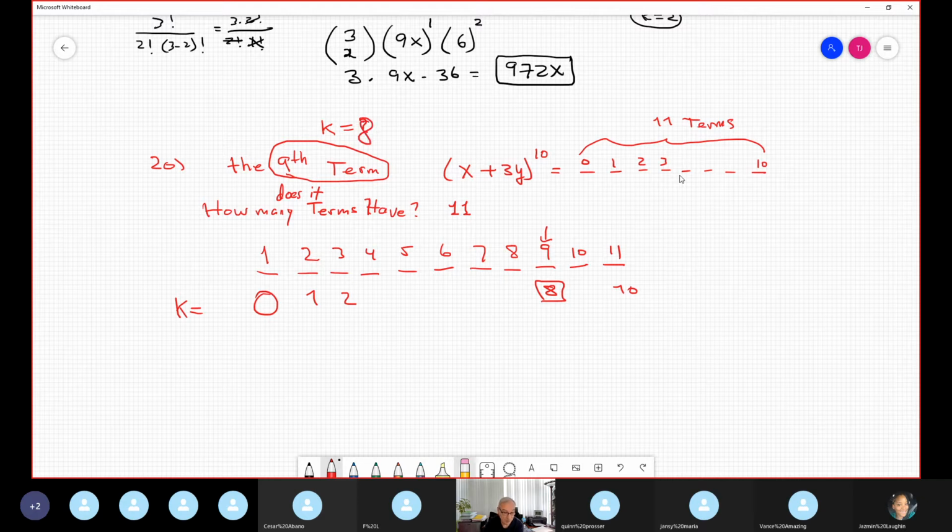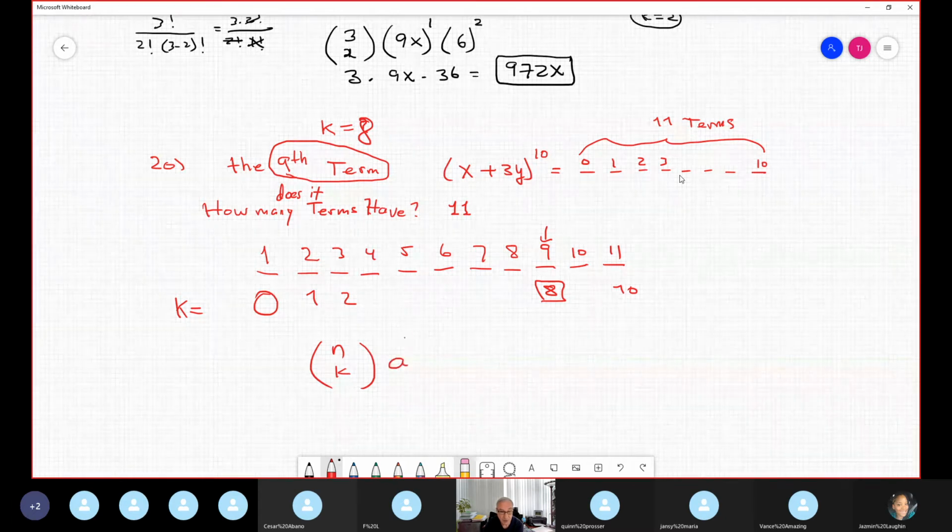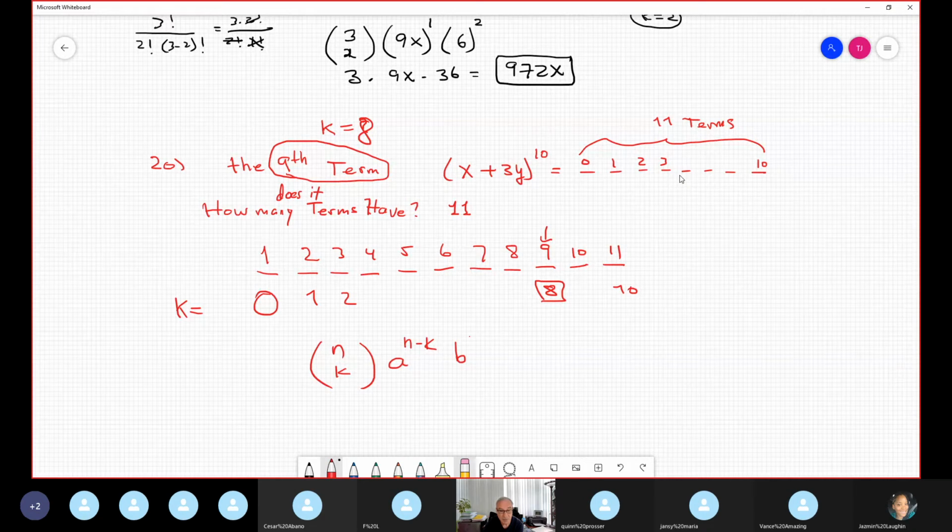So we come back to the formula. The formula for the Newton say is n choose k multiplied by a to the n minus k, b to the k. In our specific example, it is 10 choose 8.